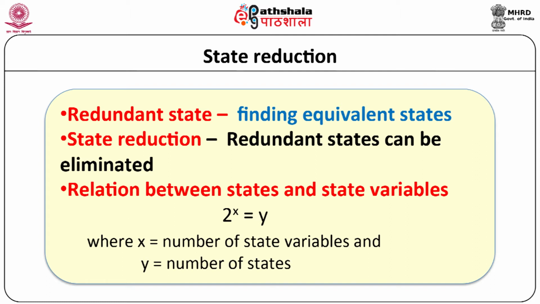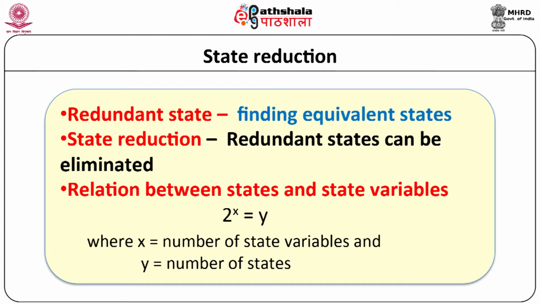The number of states required for implementation of a state machine affects three important parameters of digital design: circuit hardware cost, operating speed, and design complexity. Therefore, it is desirable to carry out reduction of equivalent states, also known as state reduction.